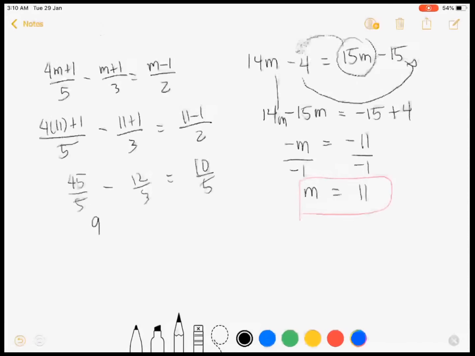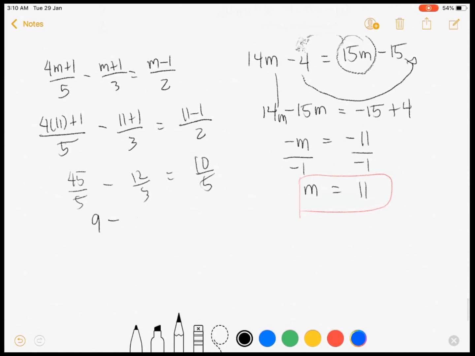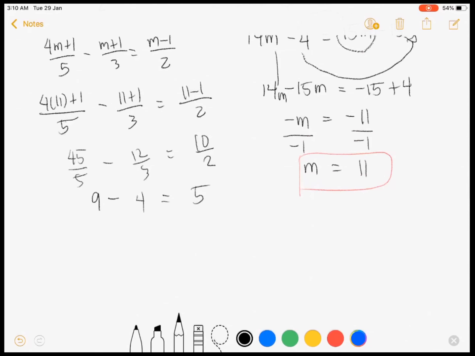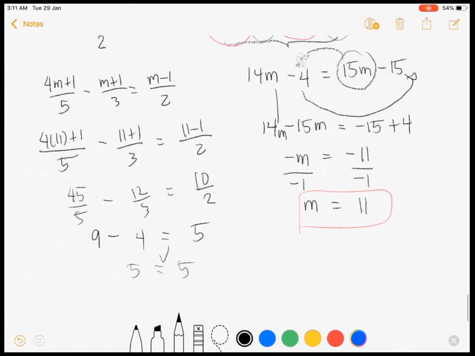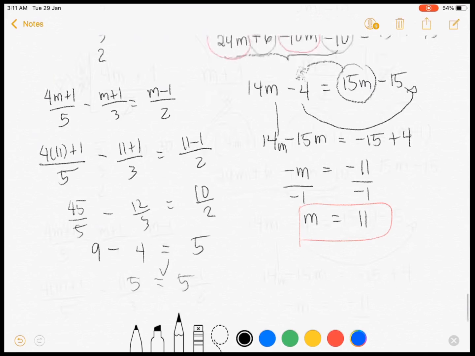Okay, 45 over 5 is 9 minus 12 over 3 is 4 is equal to 10 divided by 2 is 5. Okay, so 9 minus 4 is 5 is equal to 5. So therefore, tama yung solution natin na m is equal to 11.